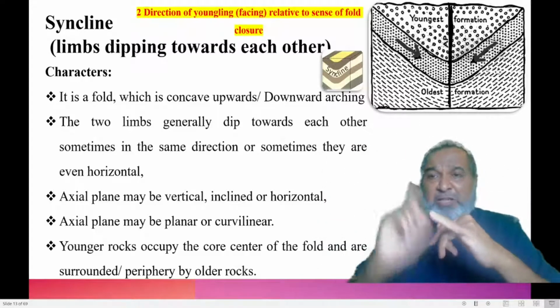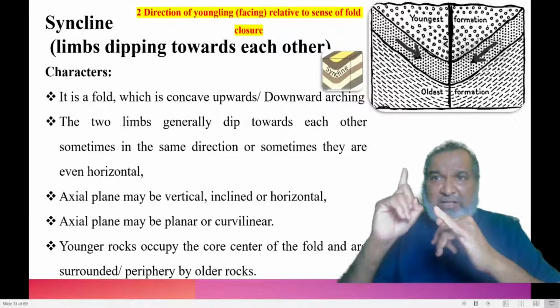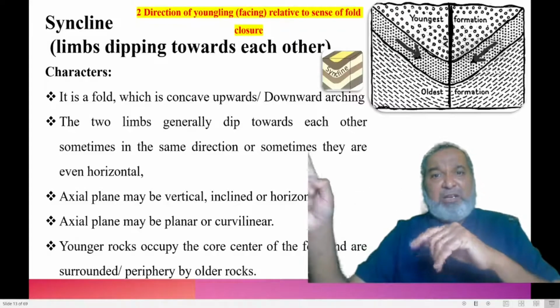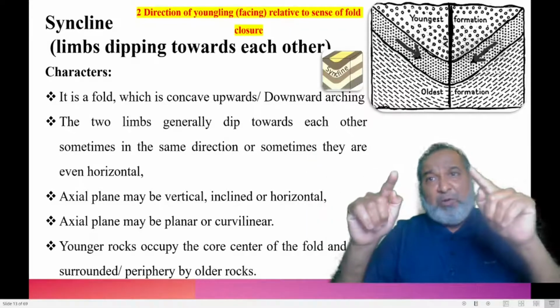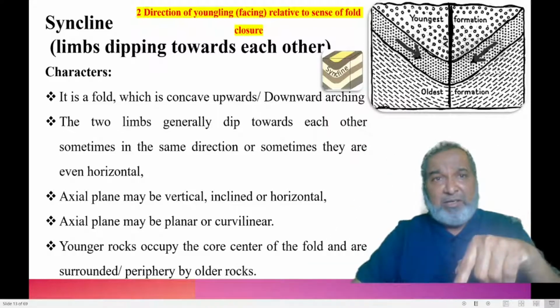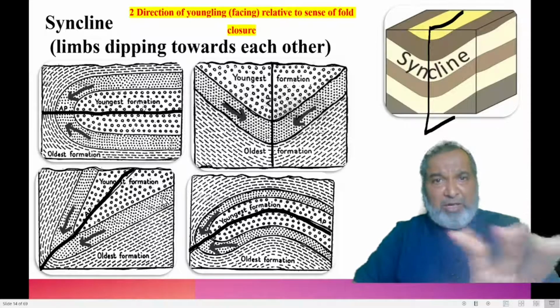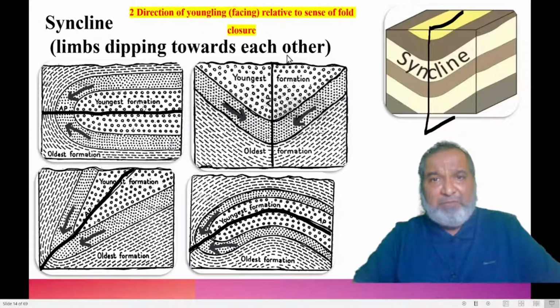Next one, axial plane inclined, vertical, horizontal. Next one, it is planar or curvilinear. Then the next one, older formation at the periphery, younger formation at the center. So anticline and syncline. Here I have shown all four diagrams.